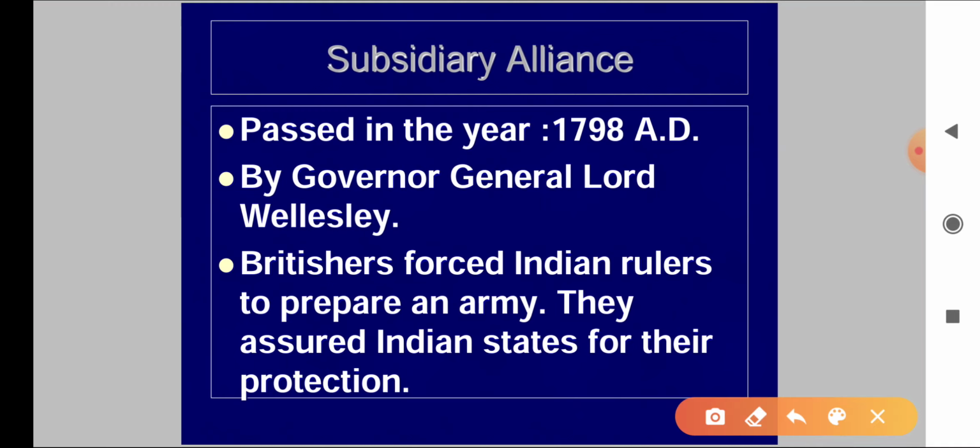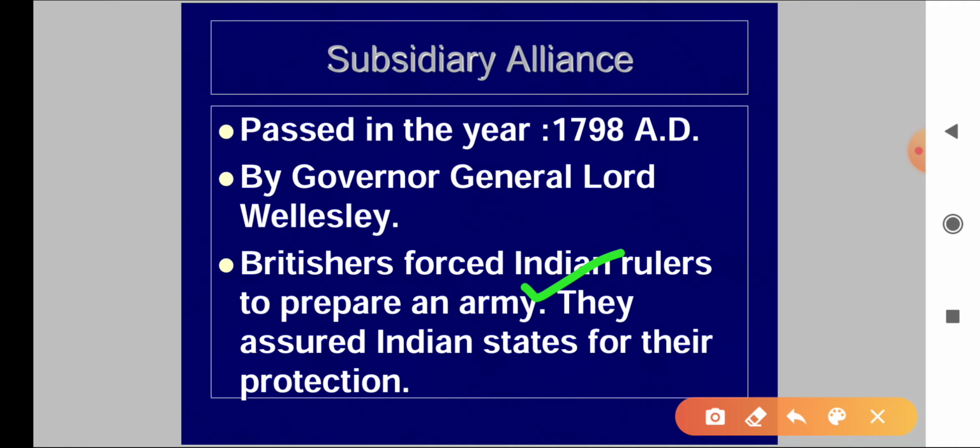Here you can see, although they were given assurance that their kingdom would be protected by the Britishers, the company was supposed to maintain this subsidiary alliance for the purpose of this protection. If the Indian ruler failed to make the payment, then part of their territory was taken away as a penalty.